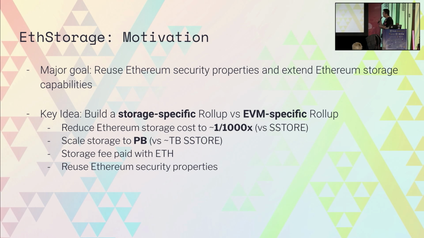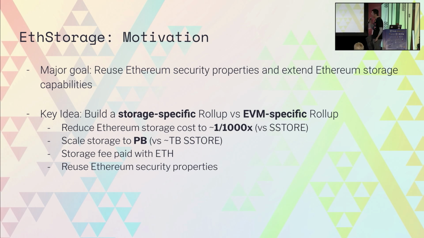With that feature, we are able to reduce the storage costs from Ethereum cost to roughly 1 to 1,000 versus as a store. And we also would like to scale the storage capacity from a few terabytes, which is limited by single node capacity, to petabytes.